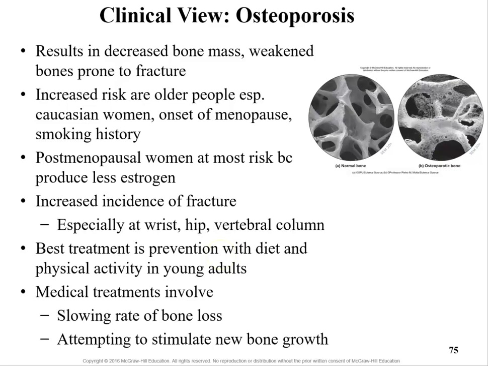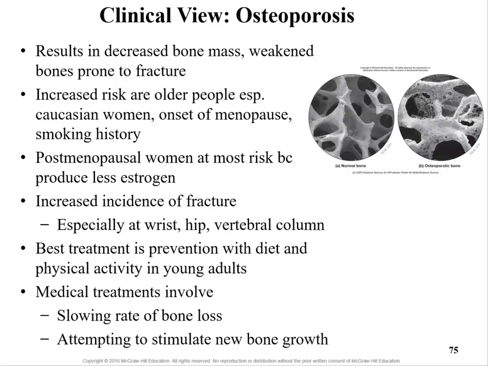All right, osteoporosis. This is a decreased bone mass causing weakened bones that are prone to fracture. People at increased risk are older people, especially white women, in the onset of menopause, and a history of smoking. Postmenopausal women are at most risk because they produce less estrogen. There's an increased incidence of fracture, especially at the wrist, the hip, and the vertebral column.